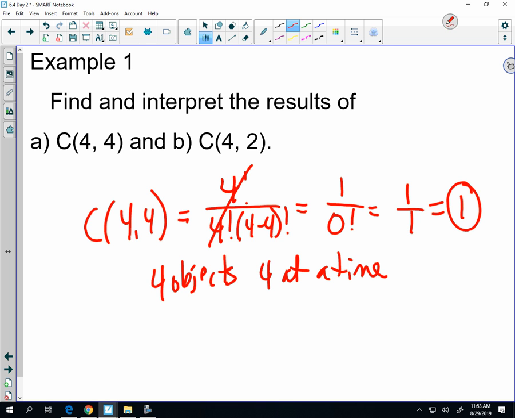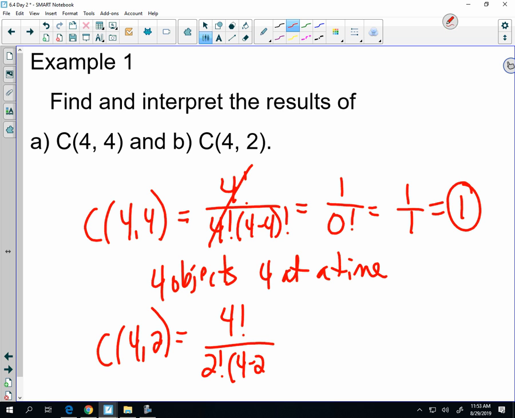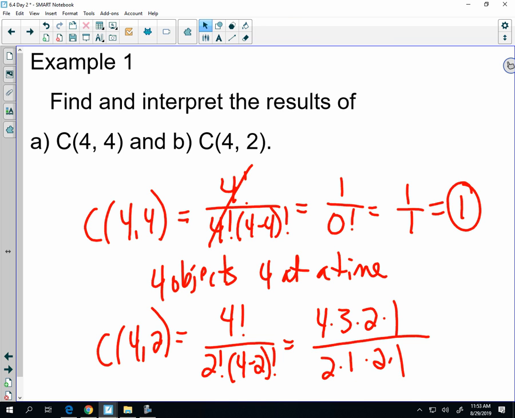But if you do combination 4 choose 2, you would now have 4 factorial over 2 factorial times (4 minus 2) factorial. And just to show it out here, 2 times 1 times 2 times 1. So 2 times 2 is 4, so that cancels this 4 out.